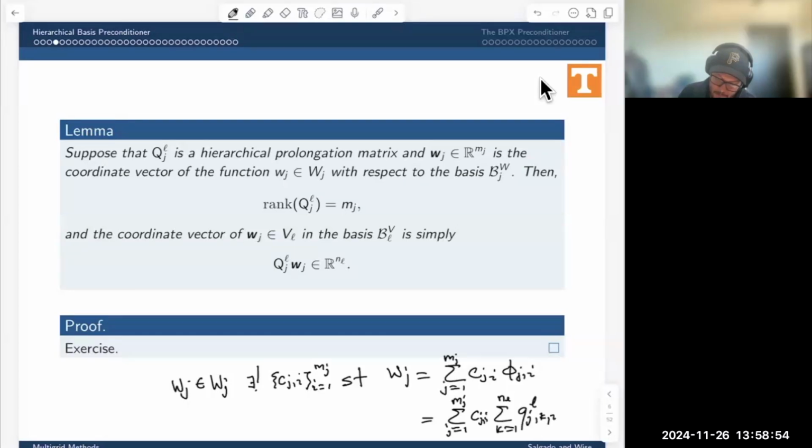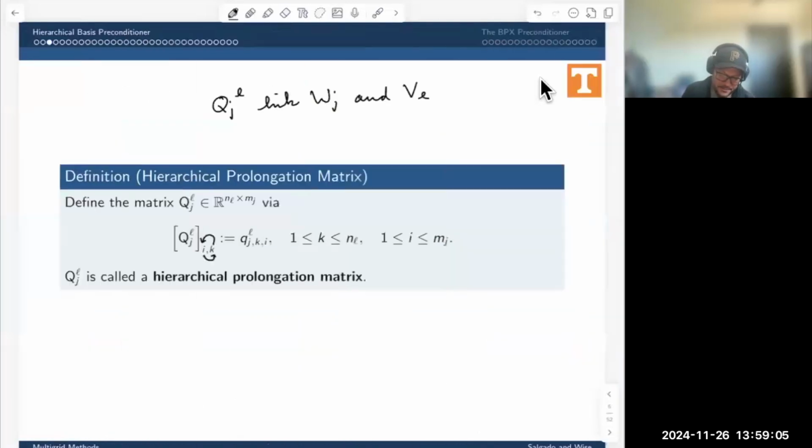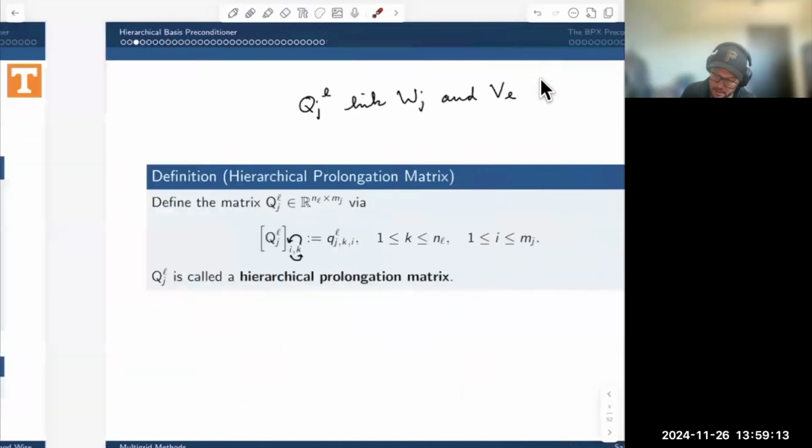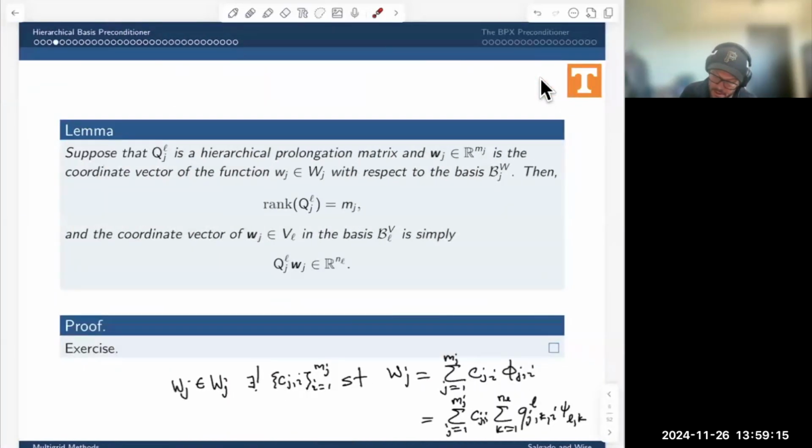K, I, times psi, no, psi LK. That comes from this expansion here, so I'm just dumping that in there: JKI, psi LK.